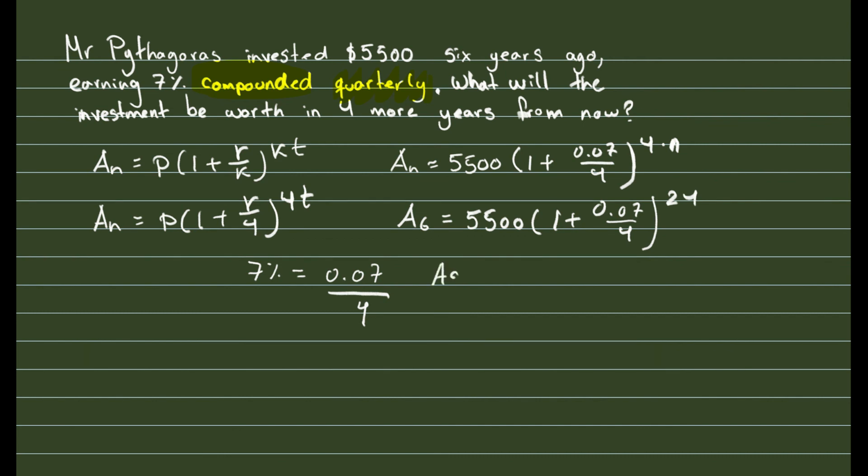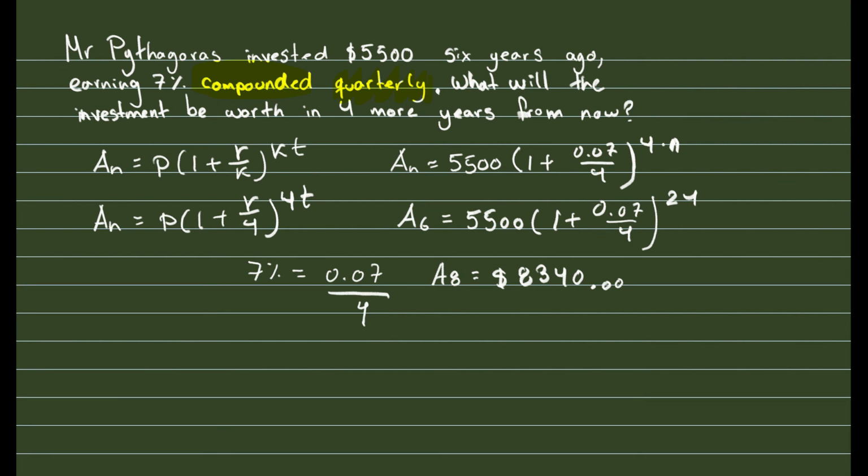If you use a calculator, you end up with $8,340. Well, that is not bad at all. If you put in $5,500, completely forget about it, and get 7% compounded quarterly, that's the meaning of letting your money work for you.